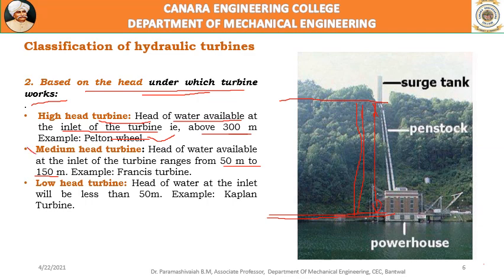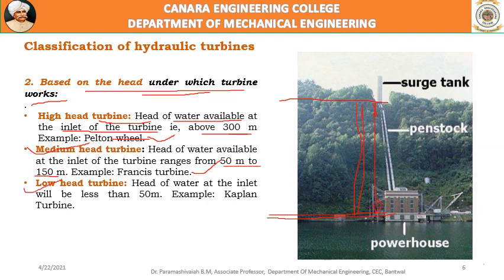In that case, we cannot use the Pelton wheel. An example is the Francis turbine. The Francis turbine is a medium head turbine, used when the head available is less, between 50 and 150 meters.